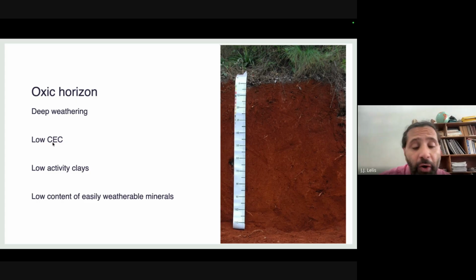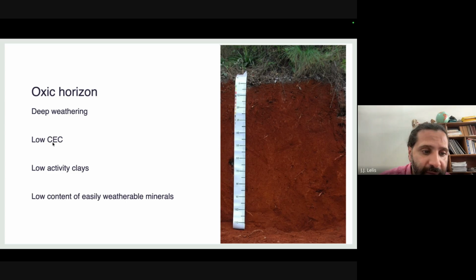Also, we register low activity clays, so no high activity clays in the oxic horizon. And why? Because we are talking about a horizon with intense chemical weathering, an intense leaching of bases, of elements. Okay, so I will only register low activity clays in oxic horizons.